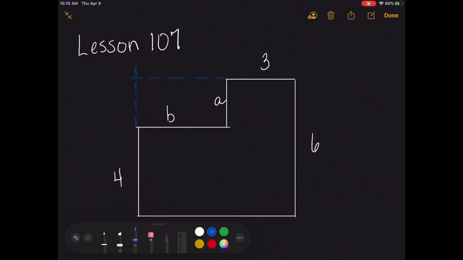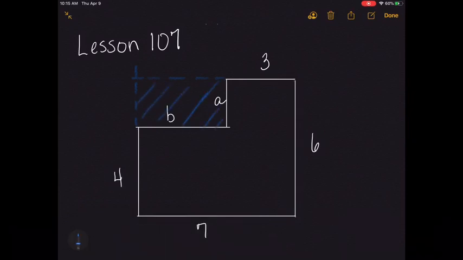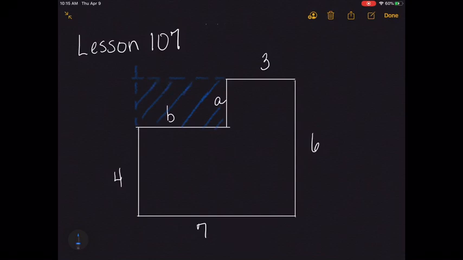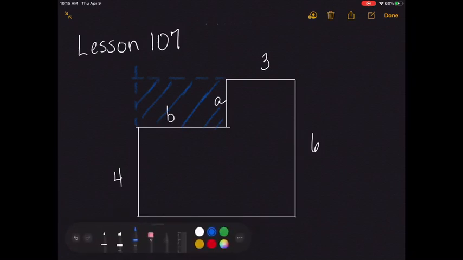You'll see the faint blue outline here showing what the rectangle would look like without this cutout here. If this part were not cut out, this is what the rectangle would look like.